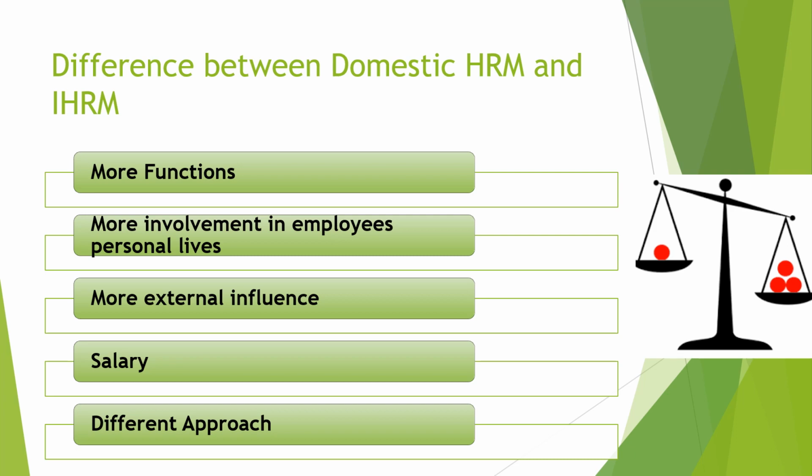Then the organization arranges visas and residence for that employee as well as the family, air tickets, and other facilities like healthcare, shopping, hotels, entertainment, and places for worship. These factors are to be considered in IHRM. That's why personal lives are also involved.